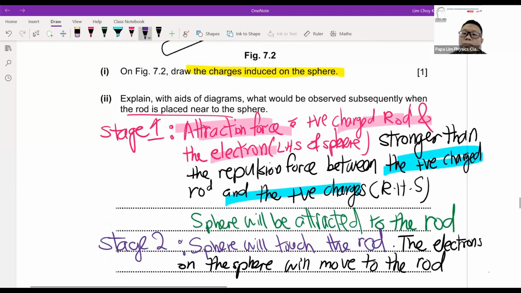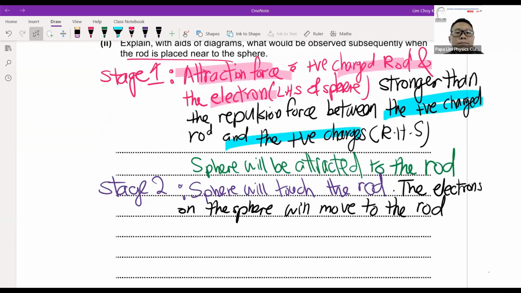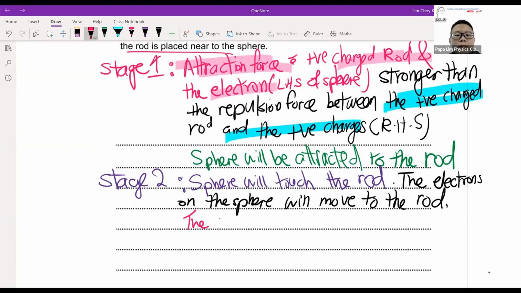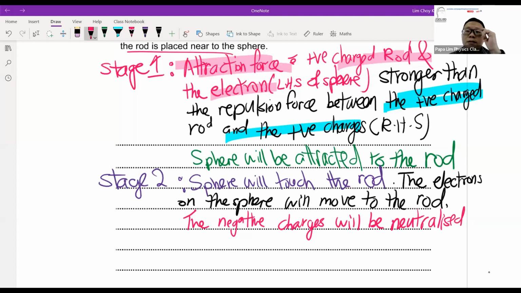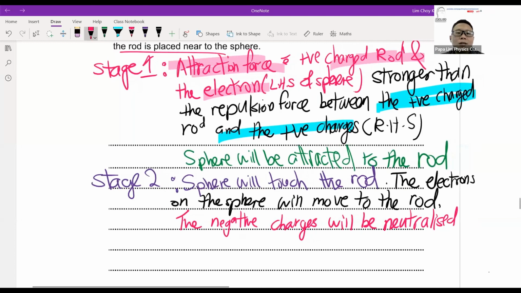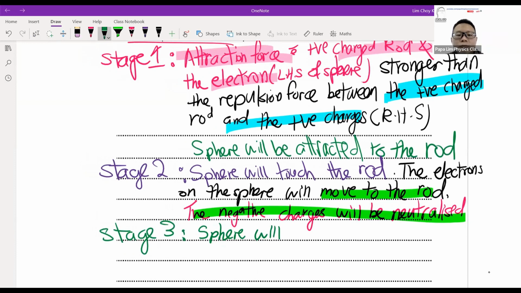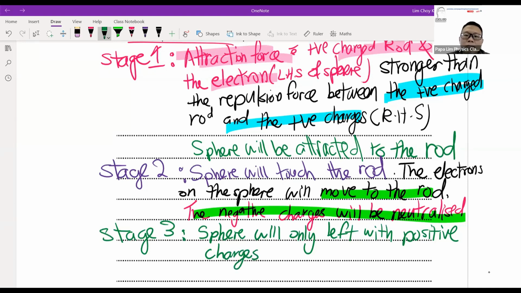When the negative charge moves over, plus and minus will meet each other, and the negative charge will be neutralized. So inside the sphere, at this moment in stage 2, after the electrons have moved over, the sphere will only be left with positive charges, because the electrons have been neutralized. What is left over is only the positive charges.